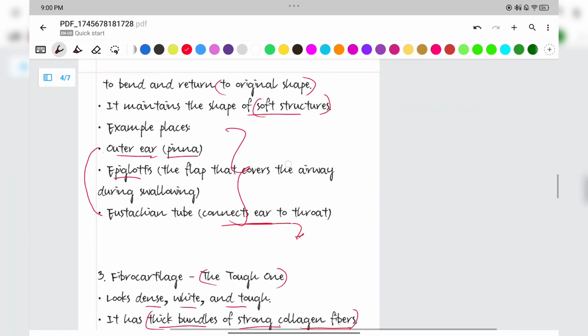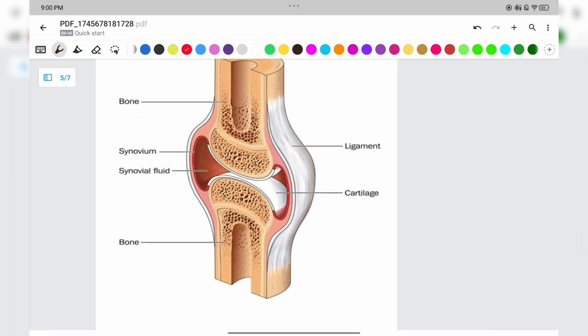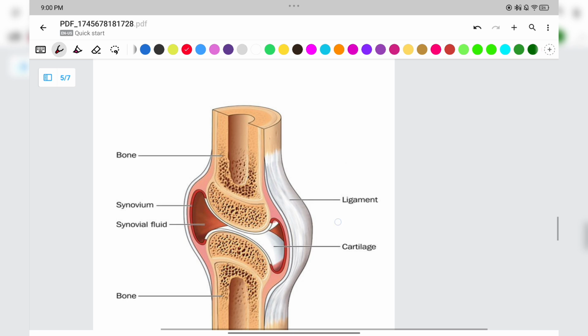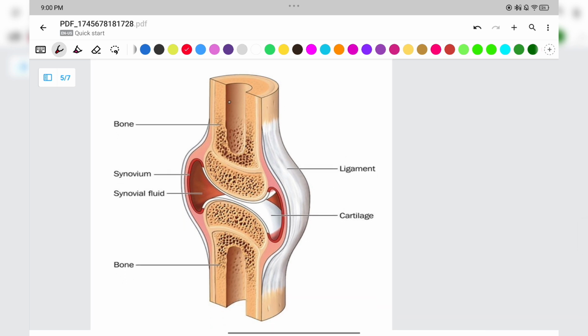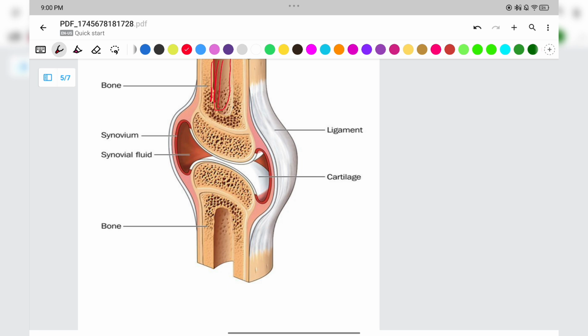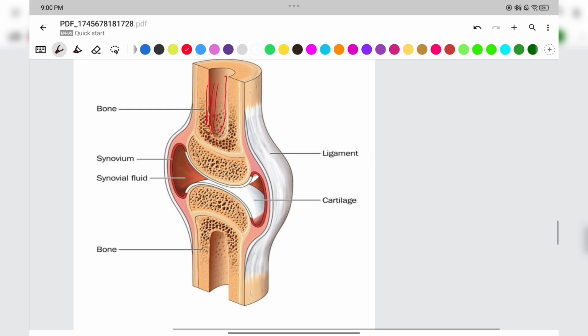Okay. See, the exact location of a cartilage. This is the bone, this part, okay? This is the synovium. This is the synovial fluid, of course, which is present inside the synovial cavity. This is the bone. This part is the ligament.